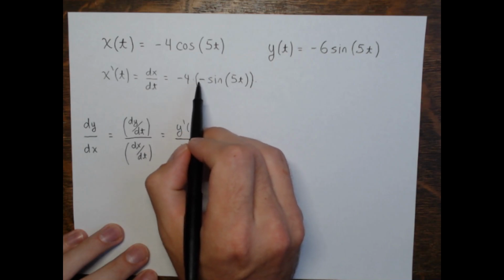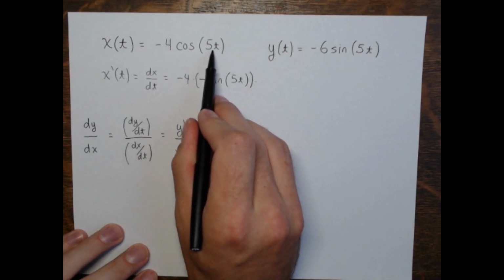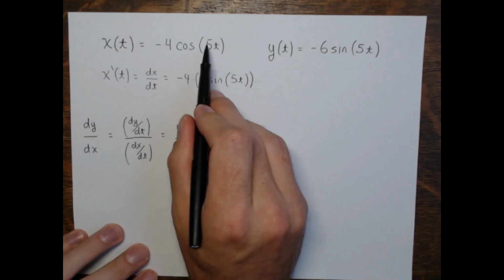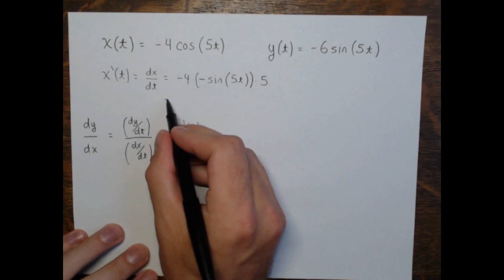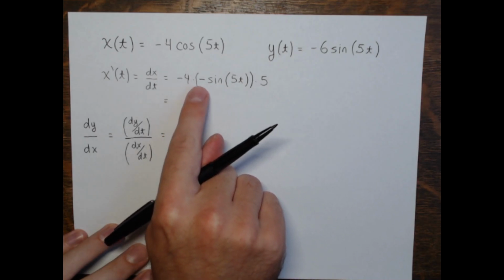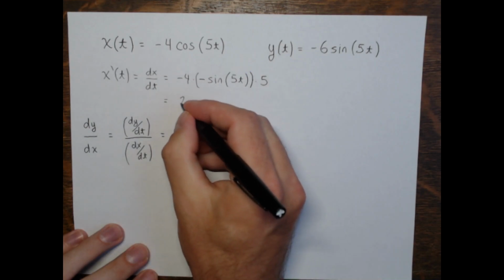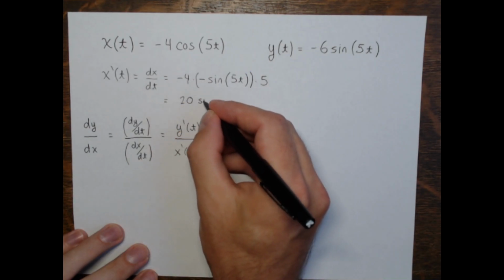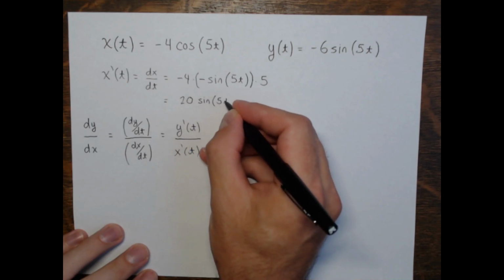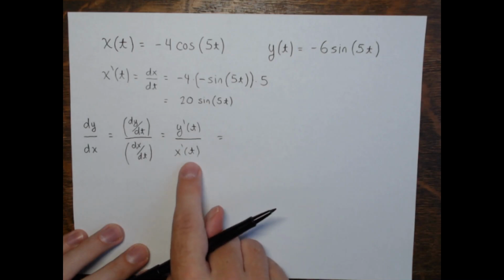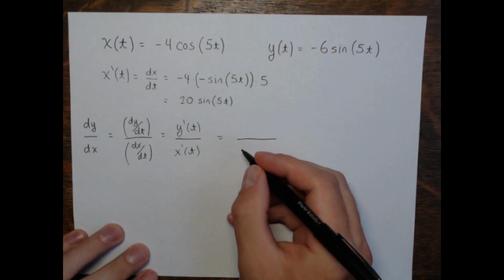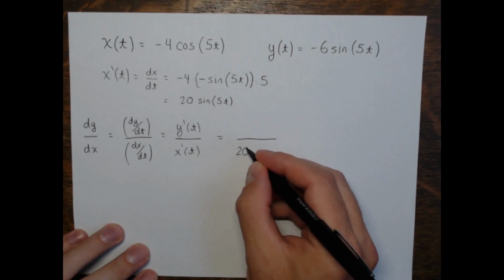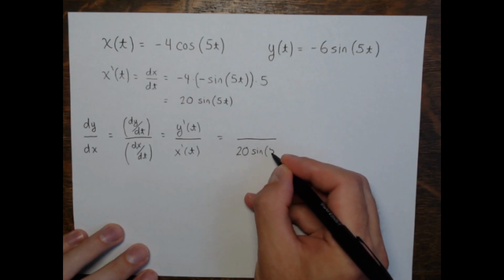I'll put that in parentheses so it doesn't look like minus. And then times the derivative of the expression inside the cosine. There's clearly a composition here, and then times 5. So when all that's simplified, -4 times -1 times 5, that's positive 20 times the sine of 5t. And that's going to go in the denominator of my first derivative expression. So 20 times the sine of 5t.